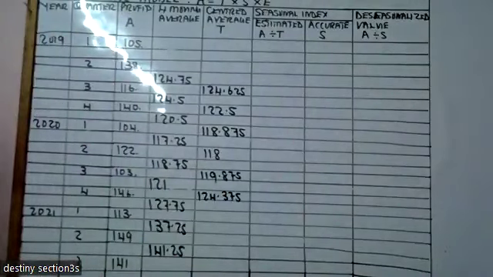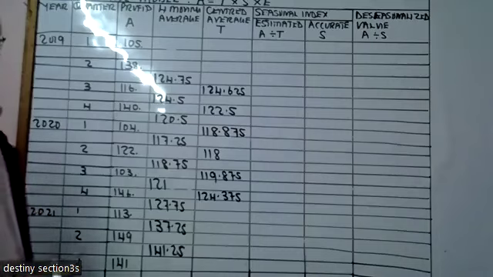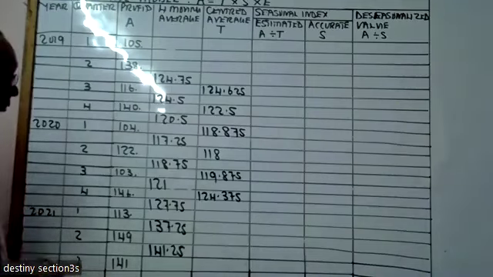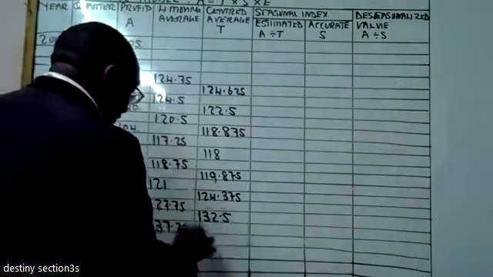Okay, that other one, 127.75 plus 137.25. You divide by 2. 132.5. Good.